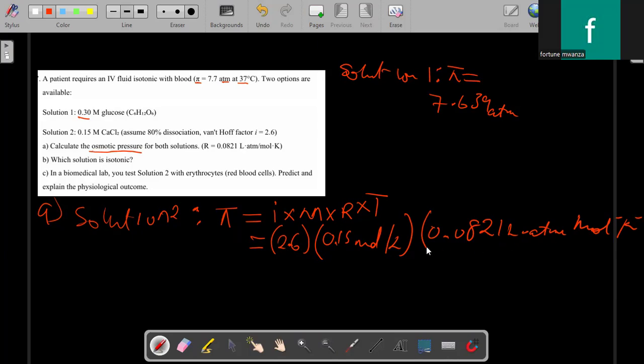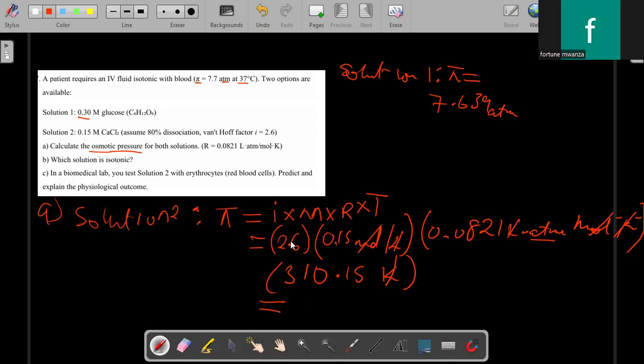Those are my units for the gas constant. Then the temperature is the same, 37 degrees Celsius, which still remains 310.15 Kelvin. The Kelvin and Kelvin go, moles and moles go, liters and liters go, so I'm remaining with atmospheres as the unit for my final osmotic pressure.